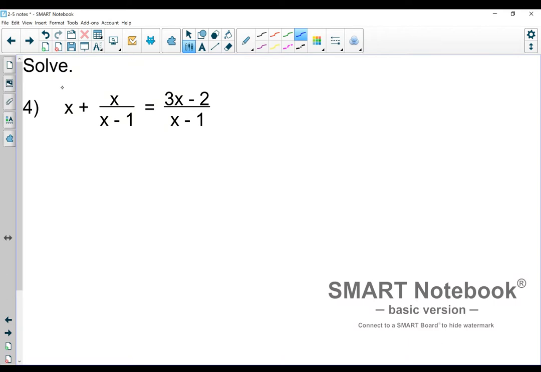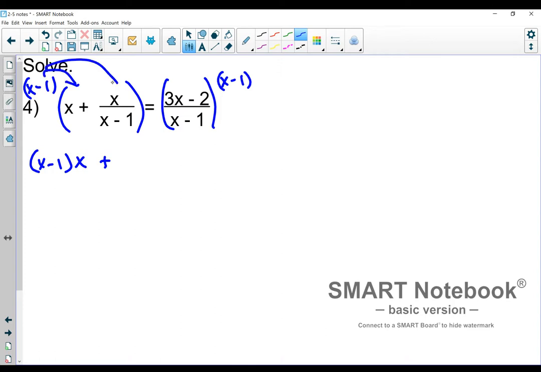So I am going to multiply both sides by x minus 1, because that is going to quote unquote cancel my denominator out. So when I distribute x minus 1 times x, it's going to be x minus 1 times x. When I multiply the x minus 1 times the fraction x divided by x minus 1, we've got that common factor. We're just going to be left with x.